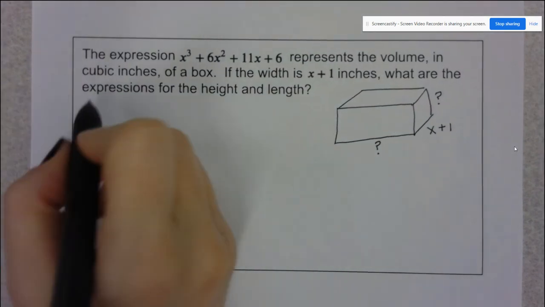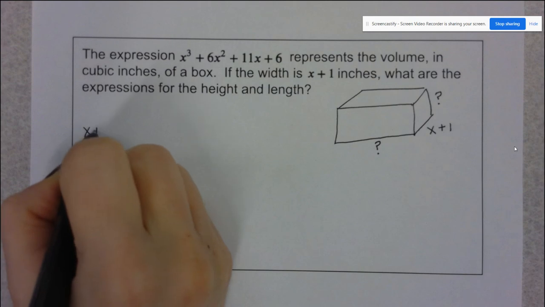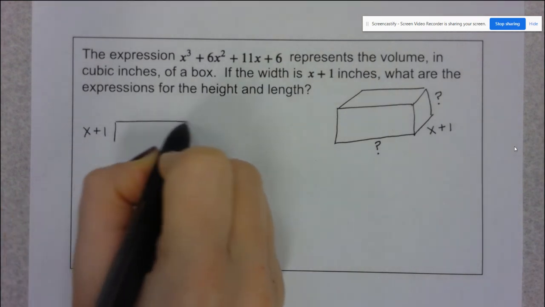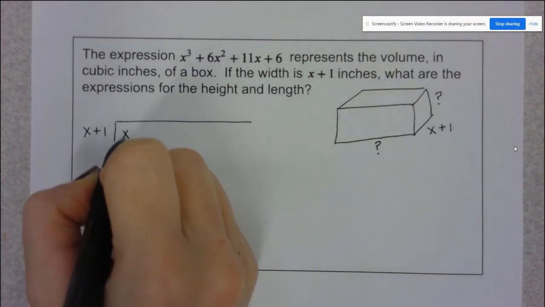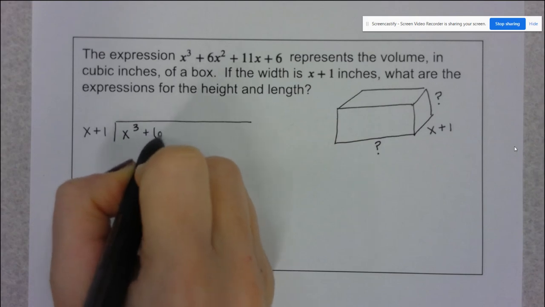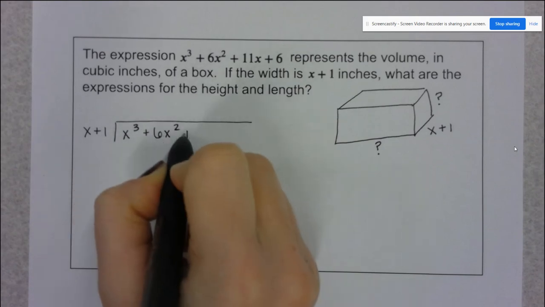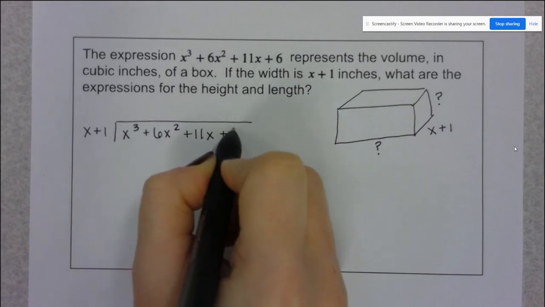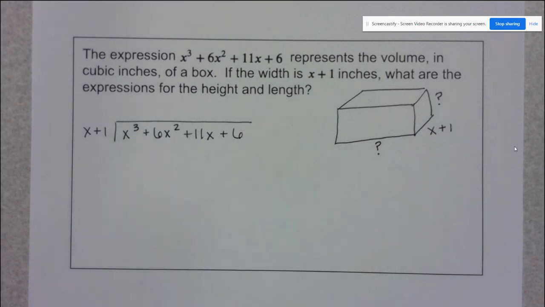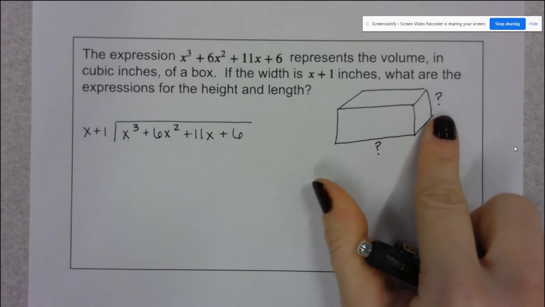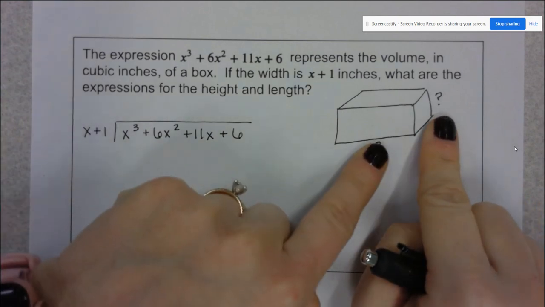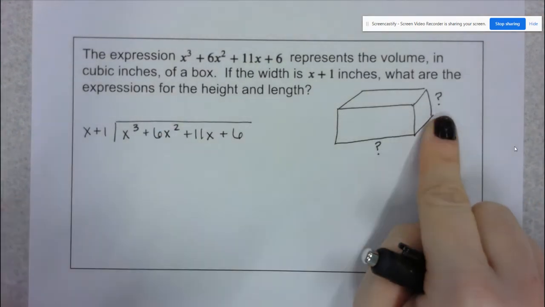So the first thing I'm going to do is divide x plus 1 into my volume statement. And that's going to tell me what I have left over after I divide this out. That would be the width, or excuse me, the length times the height.